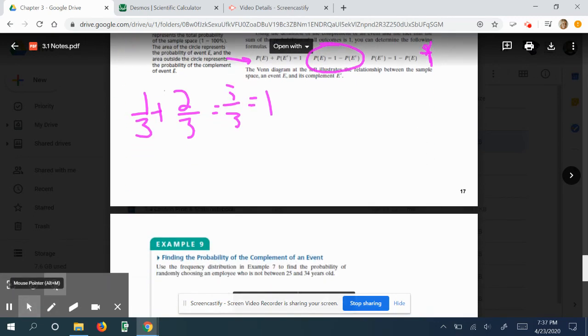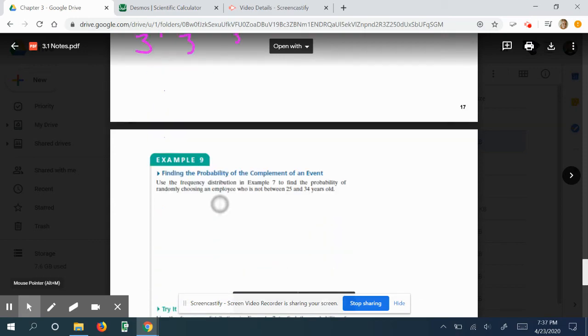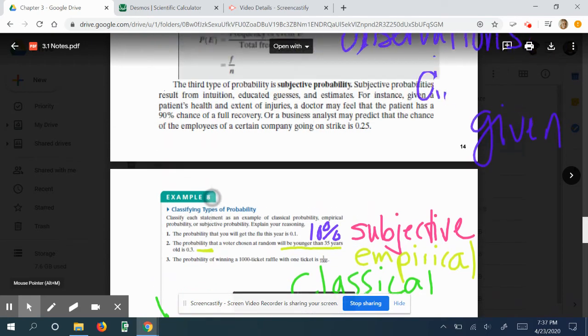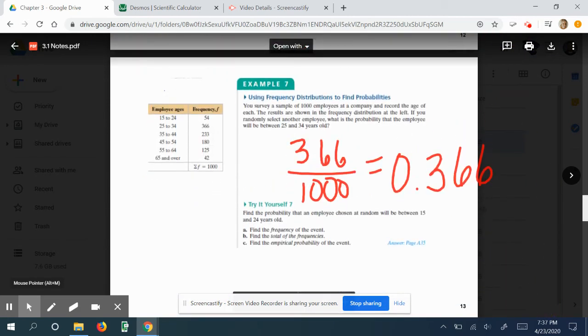All right. So let's look at example 9. It says, use the frequency distribution in example 7 to find the probability of choosing an employee who is not between 25 and 34 years old. If we go back up to example 7, it says the probability of 25 to 34 was 0.366.